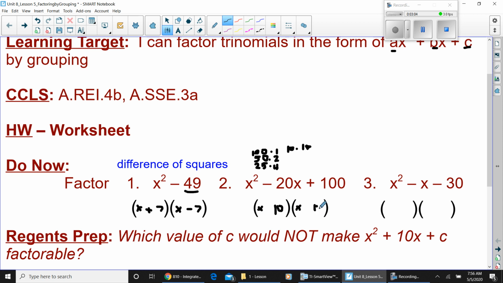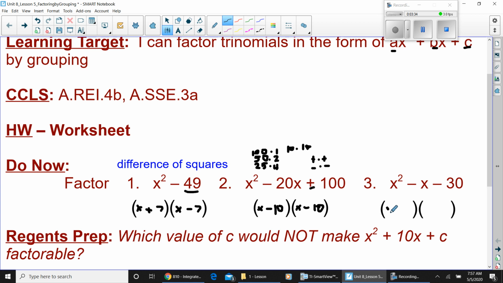Since I have to multiply to a positive, it's either positive times positive or negative times negative. Now, since I have to add to a negative 20, that means both of them will be negative. Negative times negative is positive. Negative 10 minus 10 is negative 20. That is your answer.